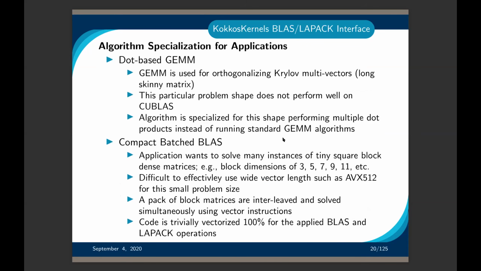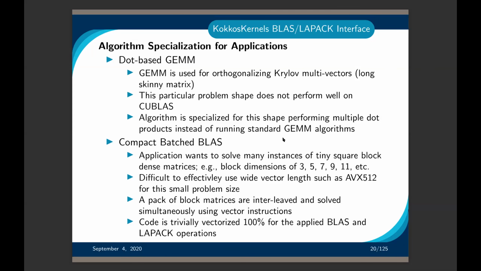So this is some examples we provide to the applications with algorithm specialization. When we do the Krylov solver, we need to do the orthogonalization of the Krylov vectors, and the shape is usually long and skinny. For this case, we use the matrix multiplication that is called GEMM.